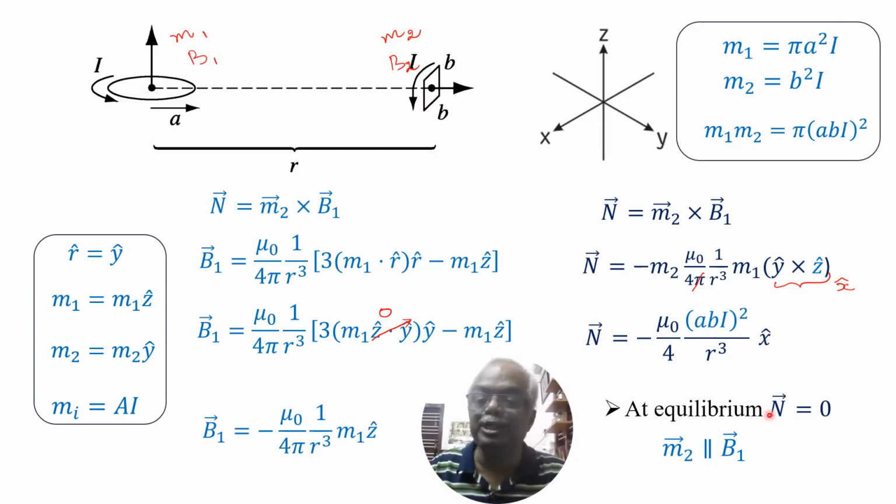At equilibrium, the torque is equal to 0. That means m2 and B1 are parallel to each other.